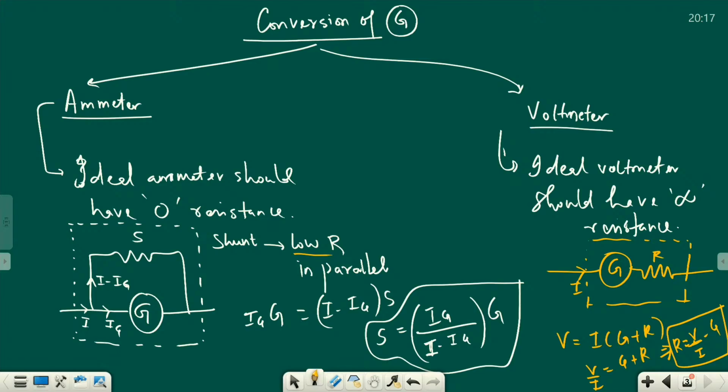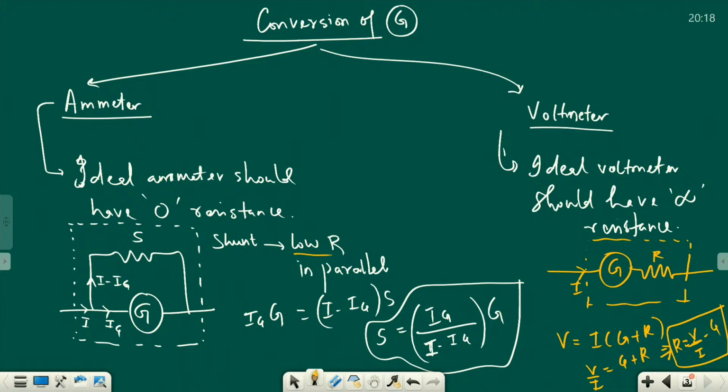Make it fast. 0.2. Correct. Good. 0.2, if you got it, is the correct answer.